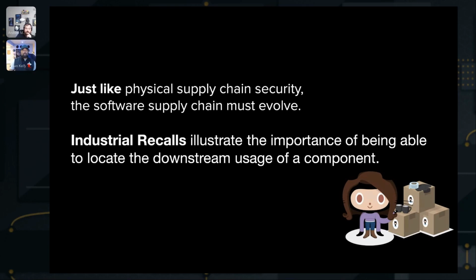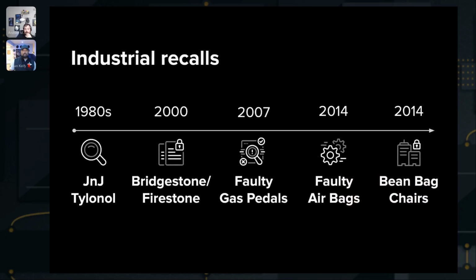Industrial recalls is a really key one for me, thinking about key marks in our history timeline around events where companies handled things in a manner that allowed them to concisely get the information out, pull things off the shelf, and get information into the owners' hands so they can get their vehicles or things fixed safely.